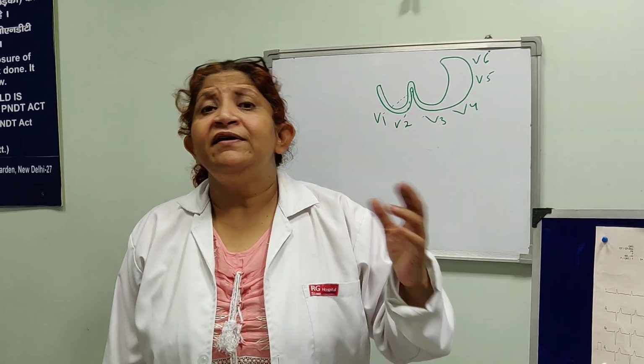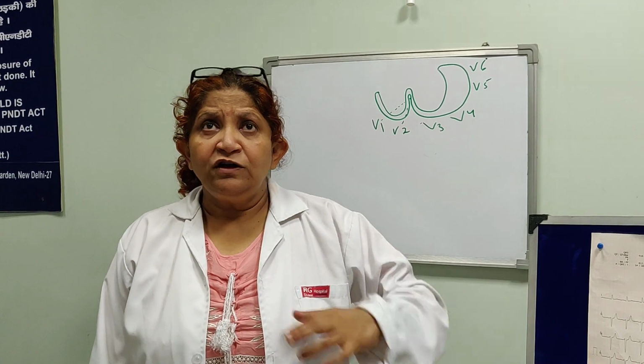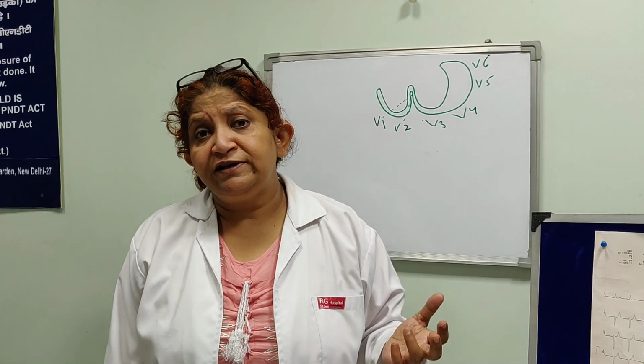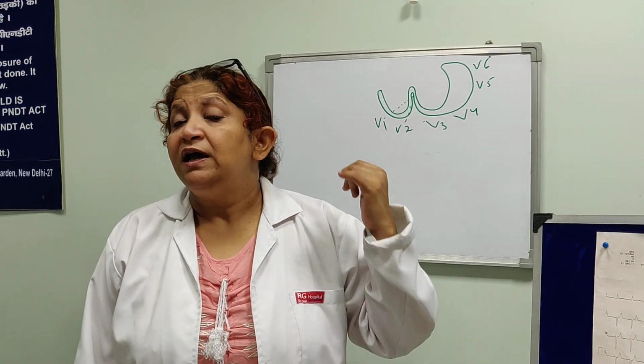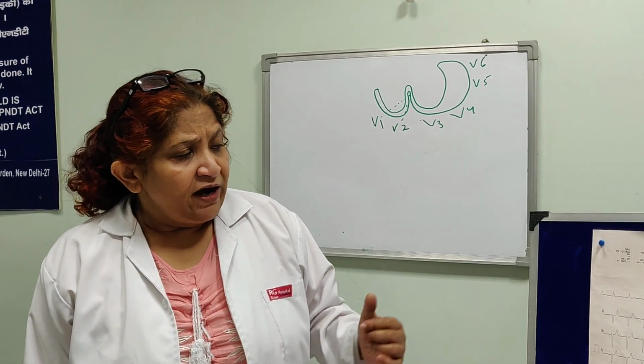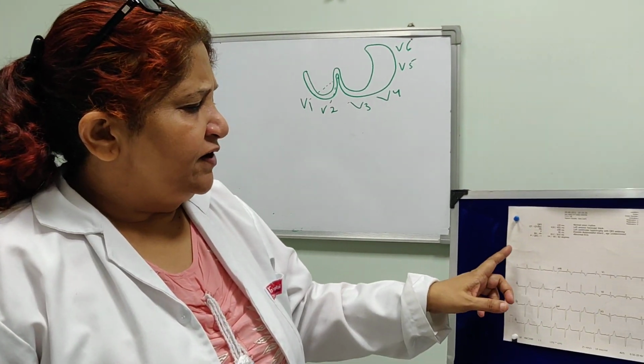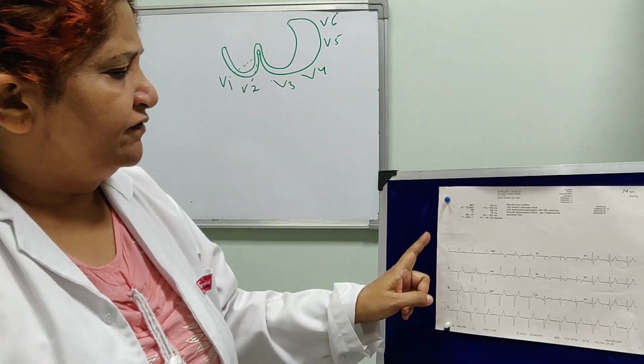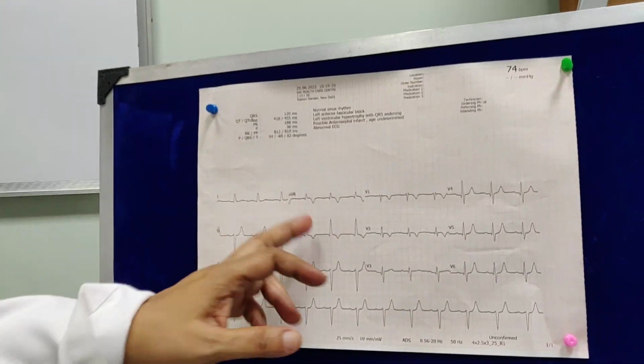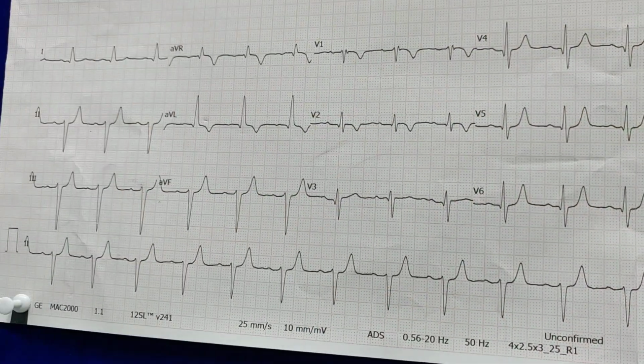It has some indirect changes that we'll discuss when we discuss acute coronary syndrome and ECG changes later on. So we are done with 2, 3, AVF, we are done with AVR, and we are done with 1 and AVL. Alright, now we come to chest leads.